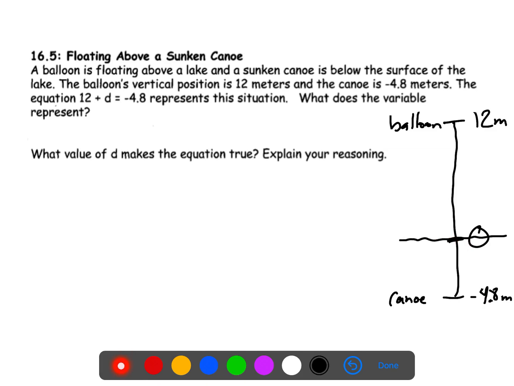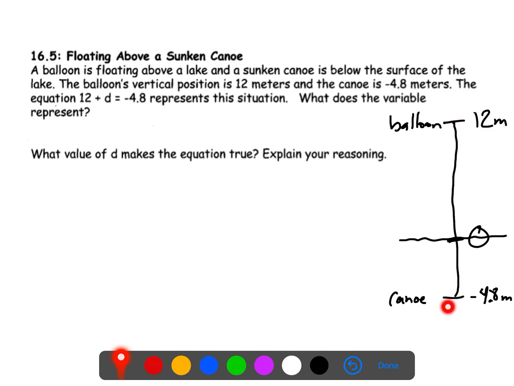And then it wants to know, what does the variable represent? So let's look at that equation. Well, the 12 in this equation would have to represent the balloon height. The negative 4.8 would represent the canoe's elevation, which is below the water. So D would have to, if we add whatever the D value is to 12, it's going to get us to this point.